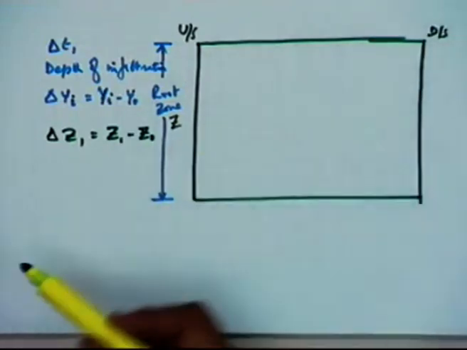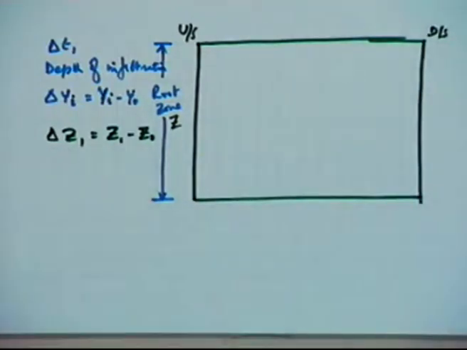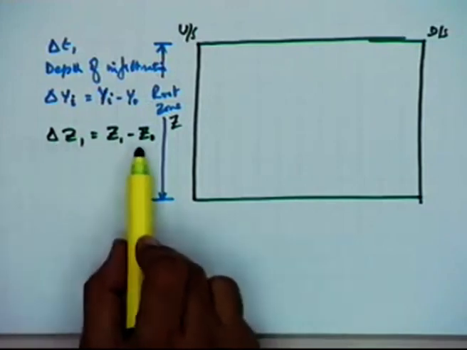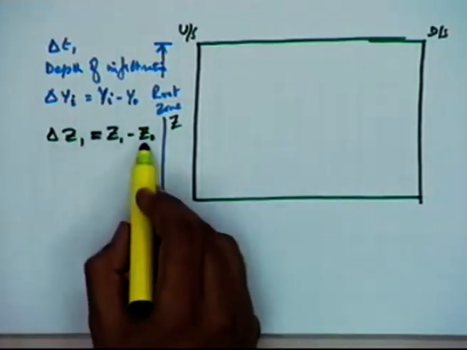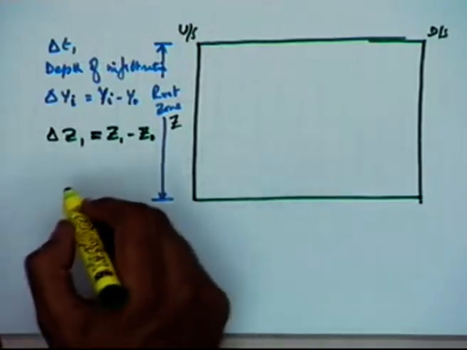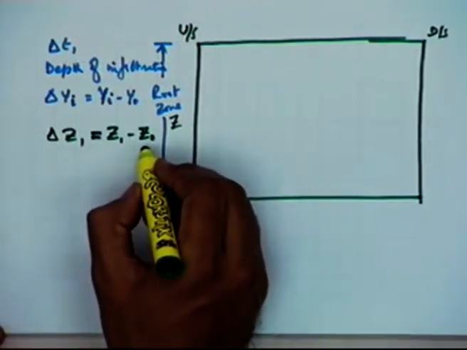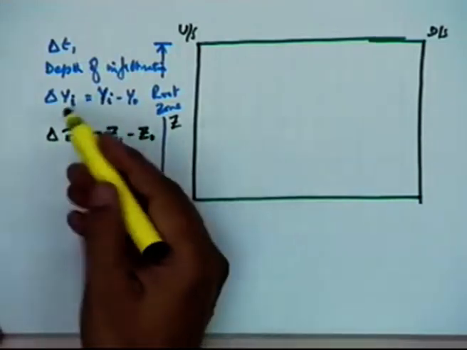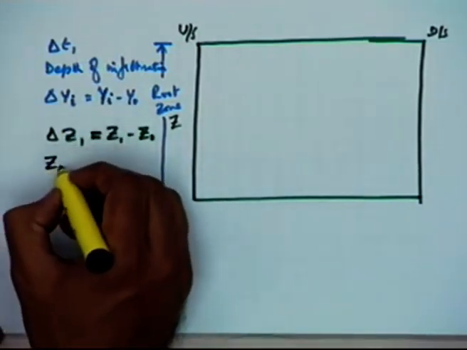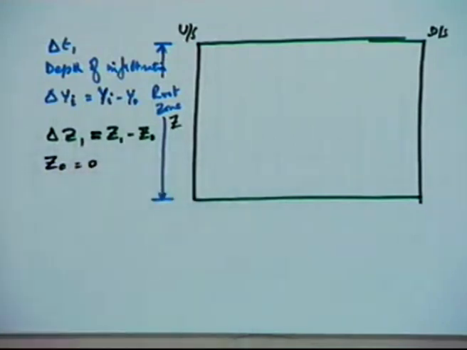So in the first interval, this will be the depth of soil which will be wetted in the very first interval. Let us assume that Z0 is 0 to start with.